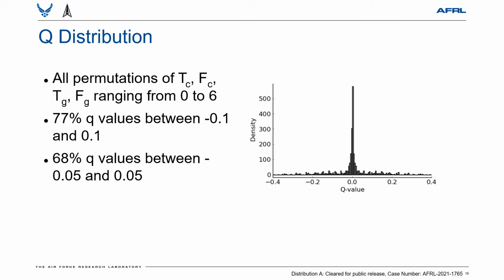The histogram on the right shows that the bulk of the Q values are near 0. 77% are between negative 0.1 and 0.1, and 68% are between negative 0.05 and 0.05. Some violations of the QQ equality are quite large. In many of those cases, the ratio of true to false statements for Clinton and Gore were different. The violations were quite large when one of the values was 0.